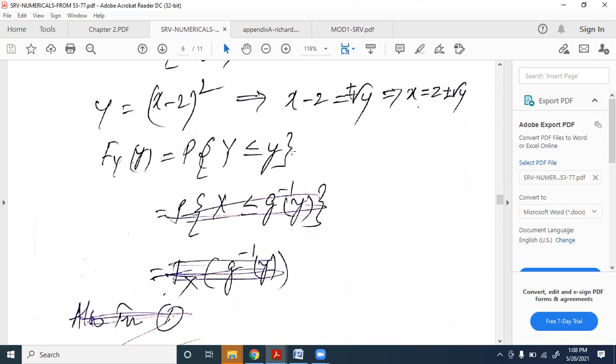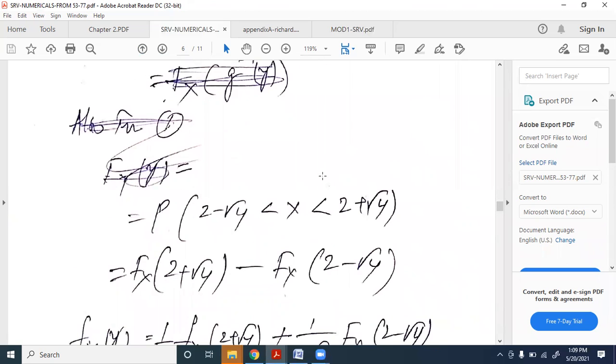There are two values of x over here, 2 plus root y and 2 minus root y. So from 2 minus root y to 2 plus root y will be the range of values of x over here, right? Therefore, the function we are trying to write is 2 minus root y less than x less than 2 plus root y.